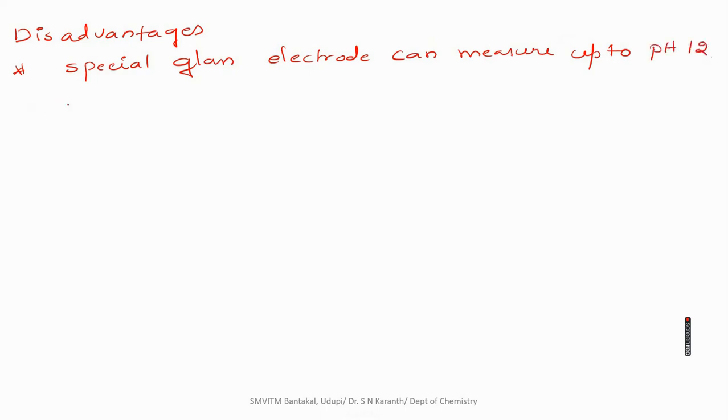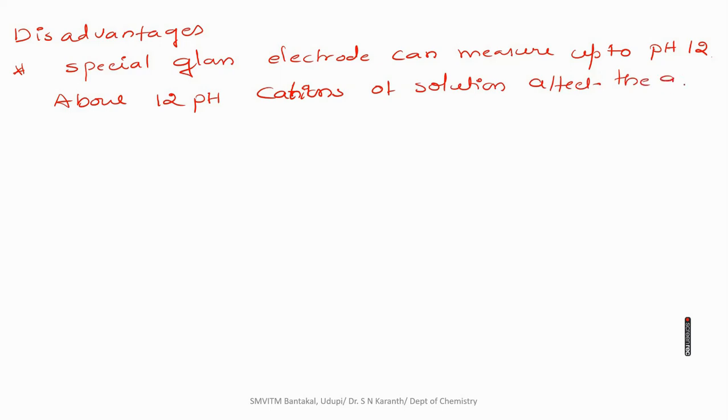Above 12 pH, usually cations of the solution affect the glass interface and render the electrode useless. Usually above 12 pH, cations present in the solution adhere on the electrode surface. As a result, the electrode becomes useless.